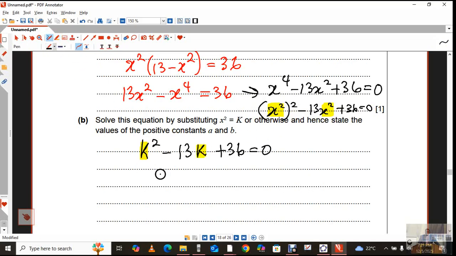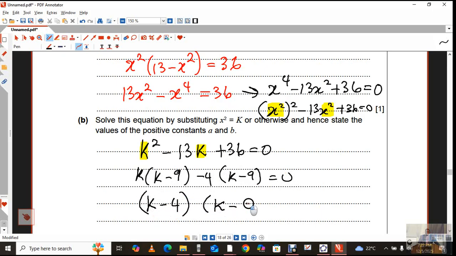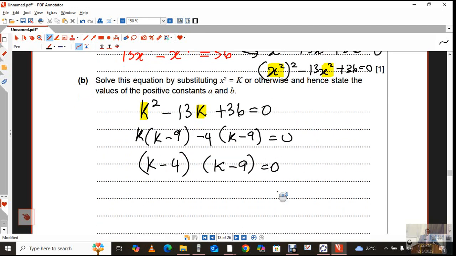Right. This quadratic becomes k minus 4 times k minus 9 equals 0. So you'll have k minus 4 and you'll have k minus 9. But we're not looking for k.